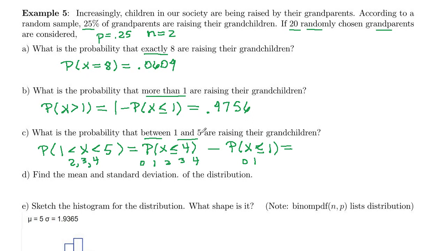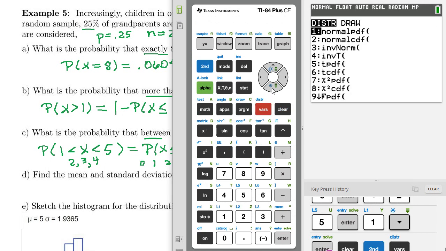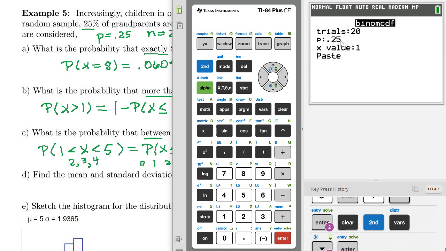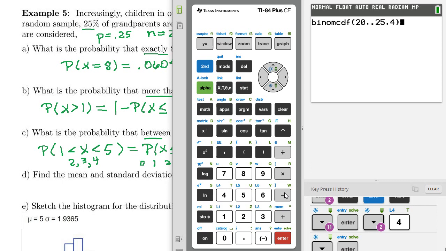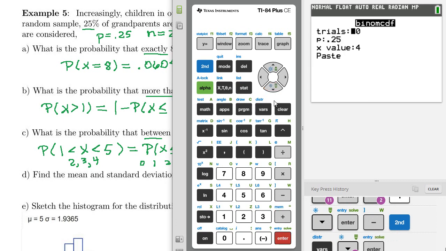So we need binomial CDF for each one of those. Now we're going to the calculator. We want second variables, come down to CDF. Trials and p are already in there. We are starting with less than or equal to 4, so I need a 4 for x. We will paste that. Minus. And then second variables again, come down to CDF, which is option B. We just need to change our x value.